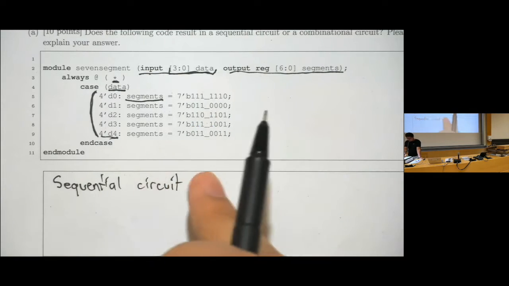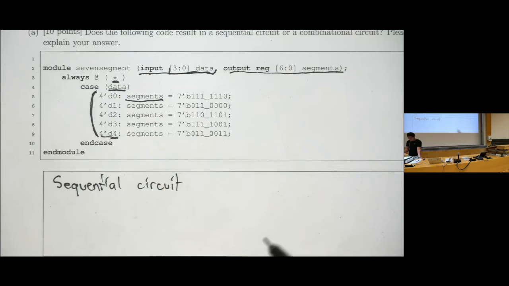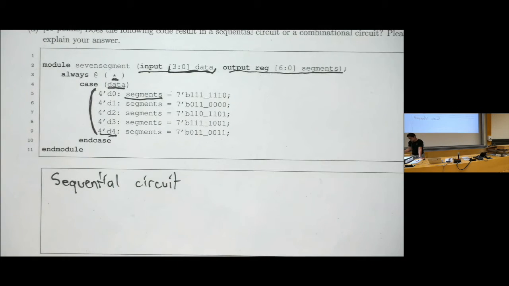Now, because we don't have an assignment for other values of data here, what this will output as a circuit is some circuit that's going to hold a state for the segments output. So basically, when the data encodes the value 5, this statement won't reassign the value of segments, so it needs to remember it. That's why it will essentially end up generating probably a latch in your circuit.